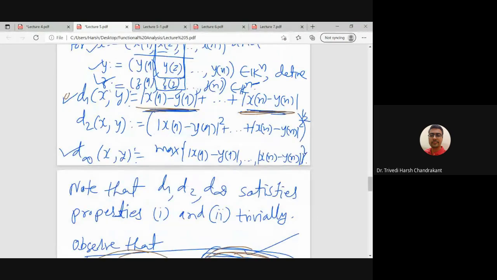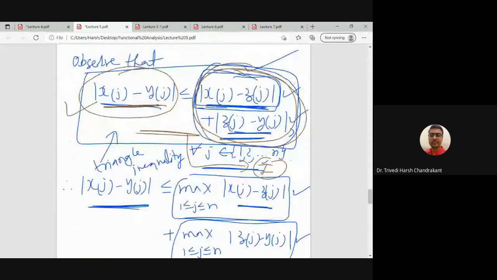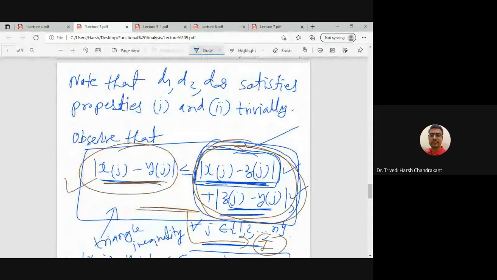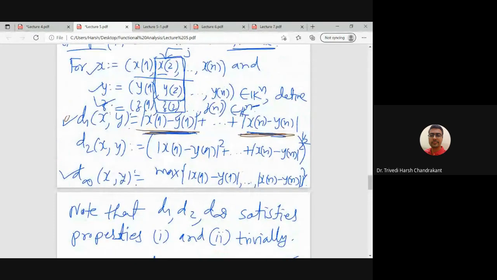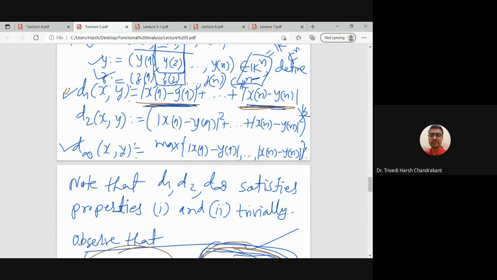The first instance is in showing this is a metric, where we use those inequalities. We define three metrics on Kn. When K is R, Kn is basically Rn, n tuples of real numbers, and if K is C, this is n tuples of complex numbers. So over Rn or Cn we can define three different metrics.